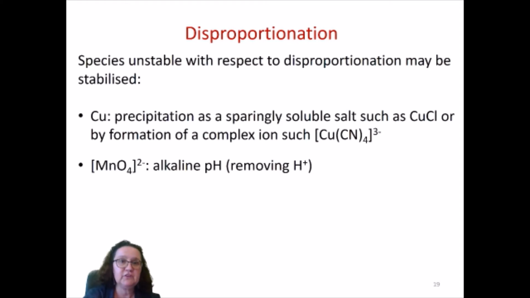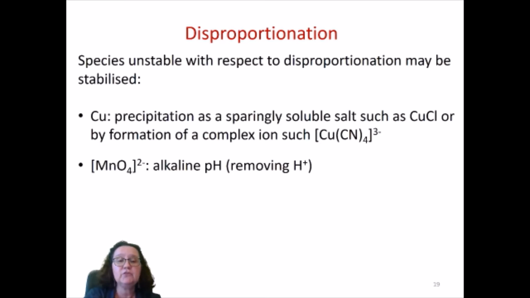When a species is unstable, so it's at risk of disproportionating, of both undergoing a reduction and an oxidation, you can stabilize it by playing with its chemical and redox properties. For example, in the case of copper, you can help avoid the reaction by precipitating copper 1 as copper chloride, or by complexating the copper 1 with a cyanide anion, in this case four molecules of cyanide.